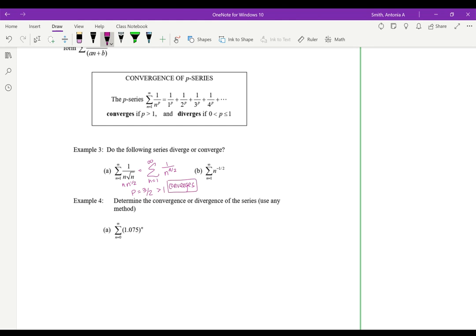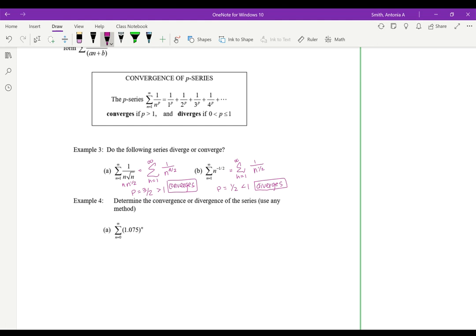Okay. On B, we could rewrite this as the sum of n equals 1 to infinity of 1 over n to the 1/2. So p is 1/2, which is less than 1. So this one diverges. Okay, so even though these terms in this sum for part B are getting closer and closer to 0, they're just not doing it fast enough, essentially.